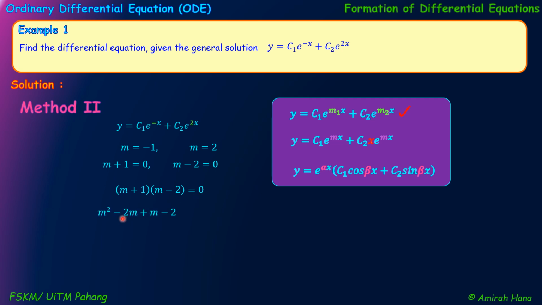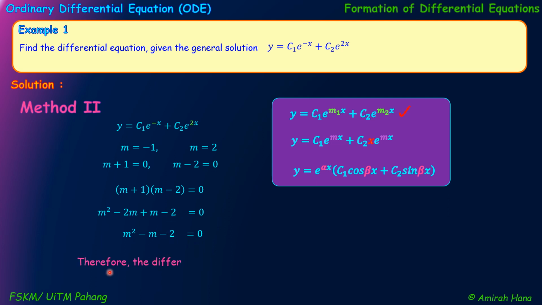Then we expand: m times m equals m squared, m times -2 equals -2m, 1 times m equals positive m, 1 times -2 equals -2, and the right hand side is still 0. Then we simplify -2m plus m, so we get m squared minus m minus 2 equals 0.